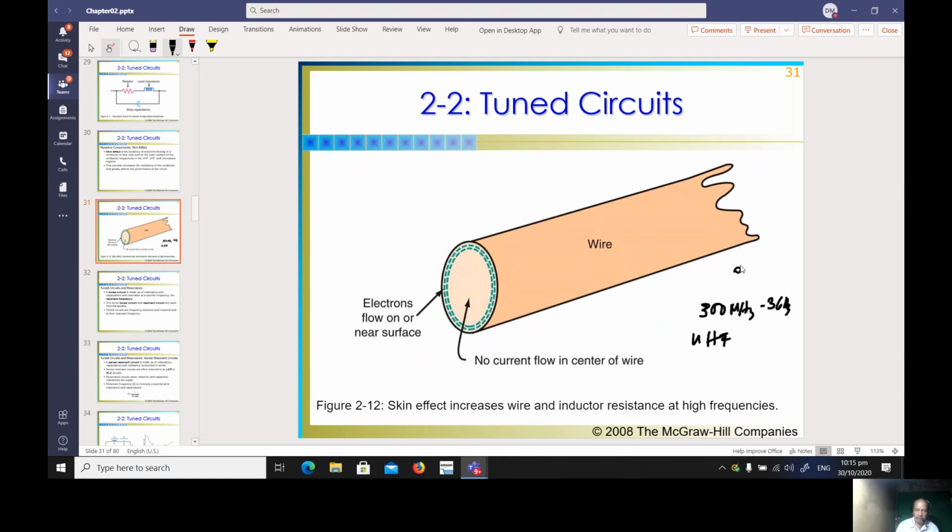Alam natin, at 1 giga is where the microwave exists. Yung current mo, yung frequency mo, ay hindi na sa loob dumadaloy. Siya ay nasa surface ng skin at ready to fly away. Yan is skin effect na tinatawag.